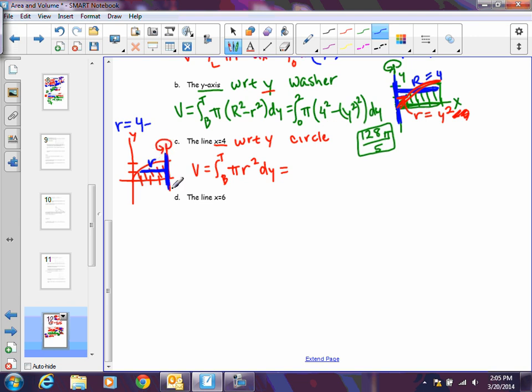We have 4. And then what is this curve with respect to y? Do I put square root of x or do I put y squared? You have to do y squared because when you're doing your r with respect to y, you have to do right minus left, x equals what minus x equals what.